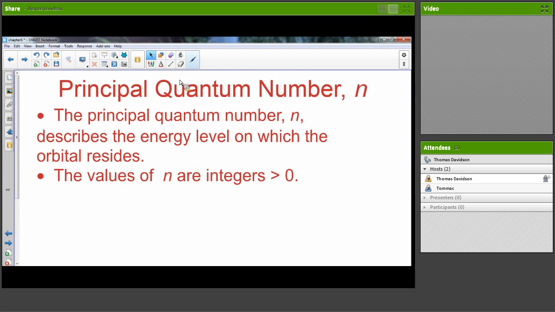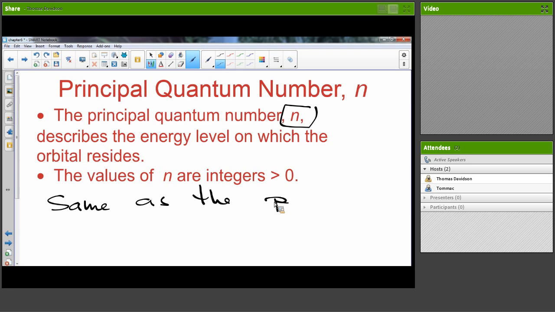The principal quantum number is the same as the period or row number on the periodic table.